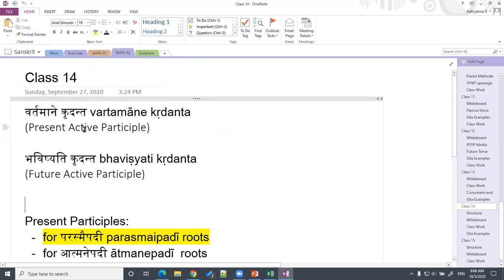As you know, we studied the active participle; the word active here indicates that it is for Kartari Prayoga. You remember we had active and passive voice. So this is the active voice, which is called Kartari Prayoga in Sanskrit.